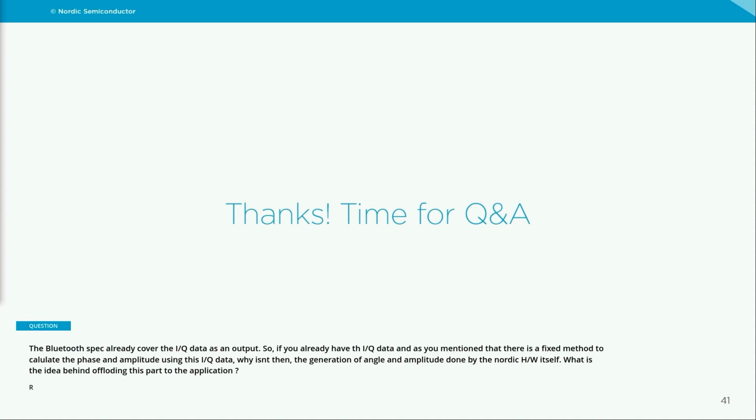Because of that, it is impossible to build a hardware solution that will calculate the angle out of the IQ data without knowing exactly how the antenna array is set up. That's the reason why this is a full custom implementation for each and every antenna design, which is why we don't have a solution for it in the SDK, nor in hardware inside the device. Next slide.